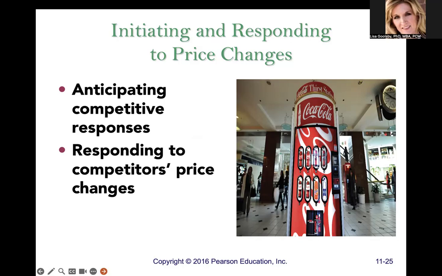Price is one of those marketing mix variables that is going to require a lot of research on your consumer and research on your competitors, because competitors' pricing is going to be really important, and consumers look at that as well. If you can demonstrate enough added value to a higher price than your competition, and that value is discernible by your consumer, that makes that price difference a little bit easier to handle.